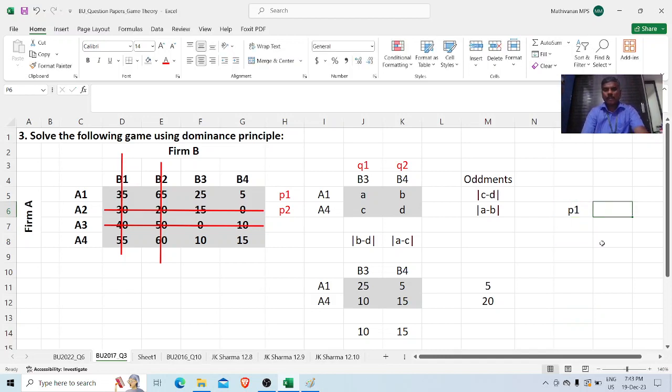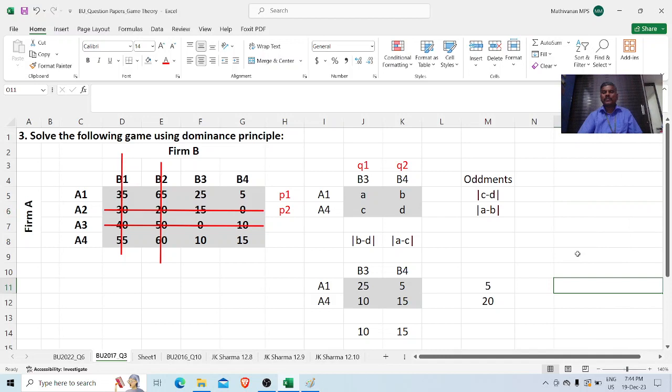First we will fix the denominator. Look at this modulus, C minus D, A minus B. This becomes the denominator.